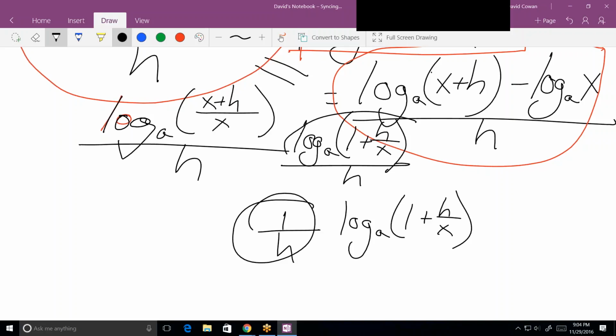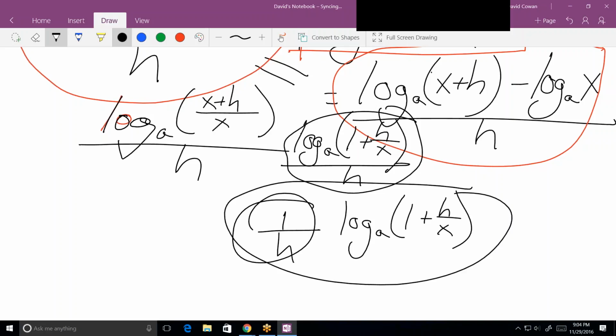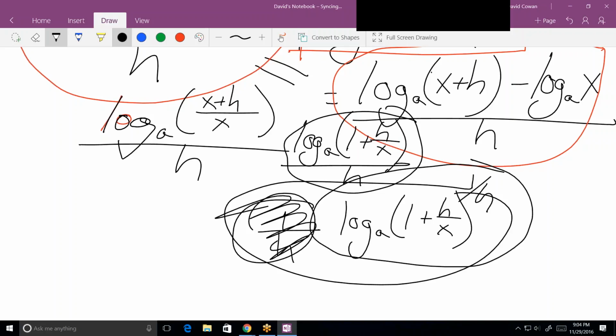In other words, that is the same as this. And now I can take that 1 over h and move it to the exponent. You can go both ways. You can either move the exponent down in front, or you can move whatever's in front up to an exponent. So I do end up getting exactly what they said you should get.